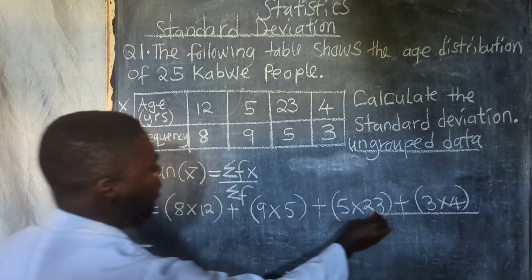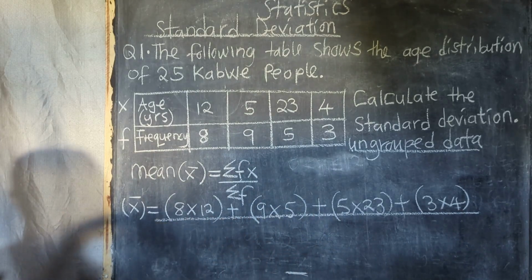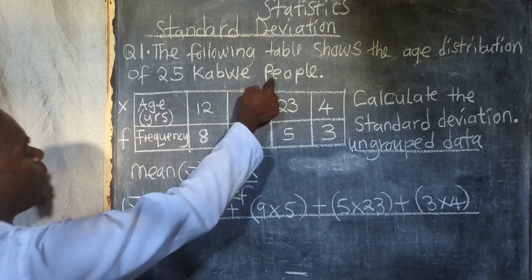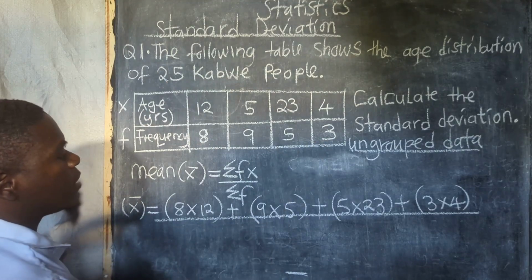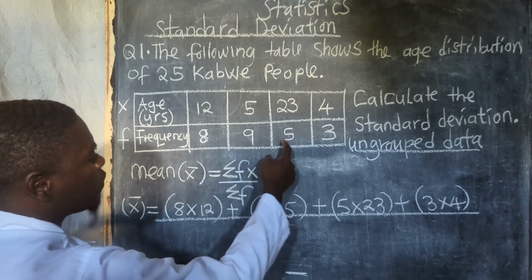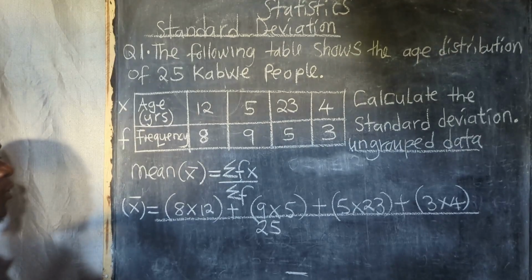Then everything you divide by the total frequency. So what is the total frequency? We are told that there are 25 Kawe people. Even when you add this, you are still going to find 25. 8 plus 9 plus 5 plus 3, you get 25. You're going to put your 25 there.